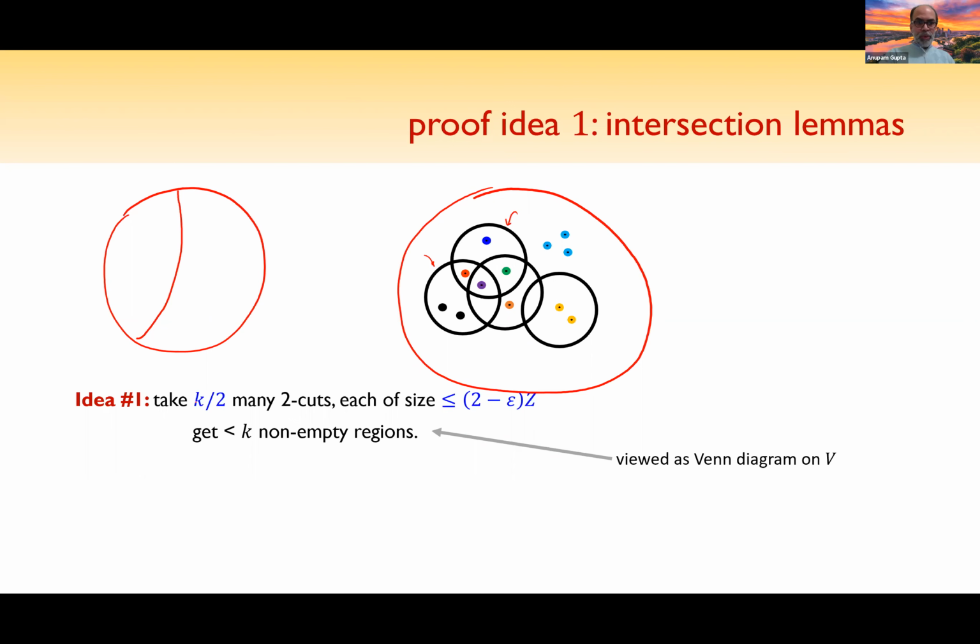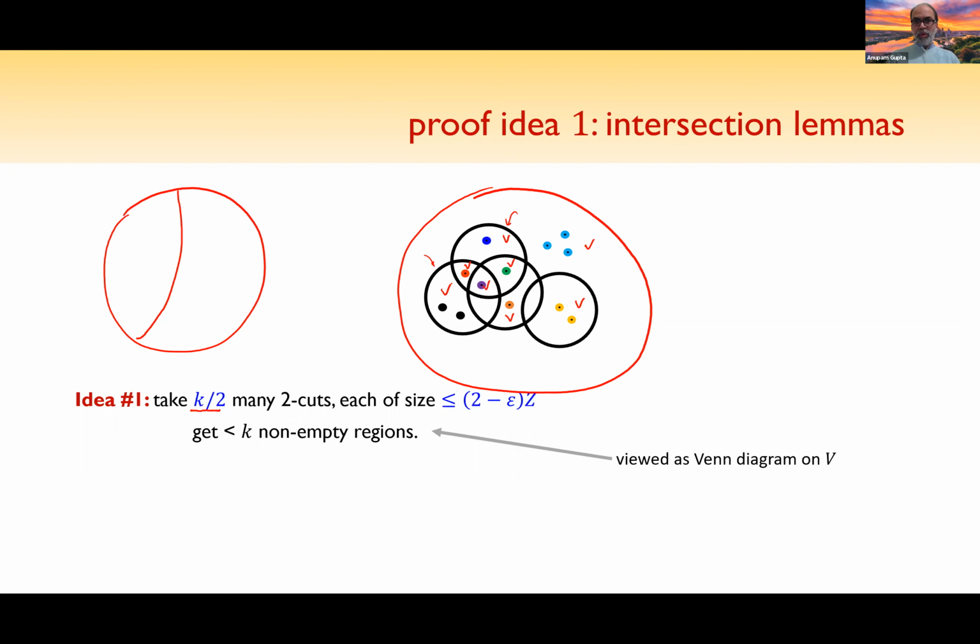And suppose I put down k over 2 such two cuts, and I got k pieces in the graph. So in this case, I put down these cuts and I got 1, 2, 3, 4, 5, 6, 7, 8 pieces in the graph.